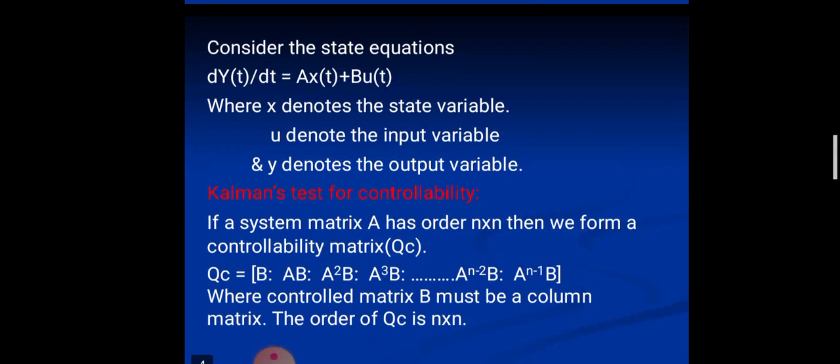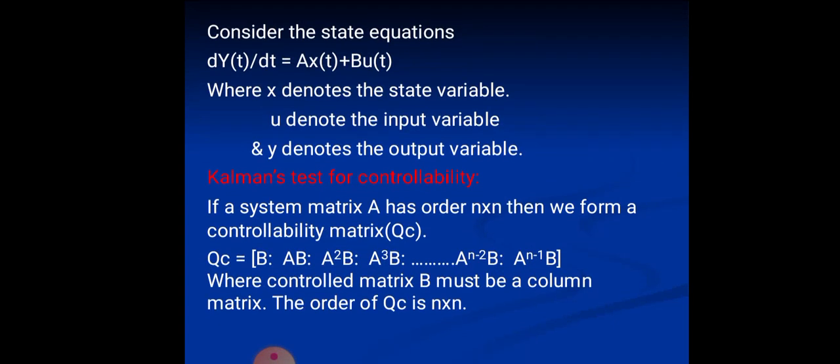Consider the state equations x dot of t equal to Ax(t) plus Bu(t), where x denotes the state variable, u denotes the input variable, and y denotes the output variable. Kalman test for controllability: if system matrix A has order n into n, then we form the controllability matrix QC.